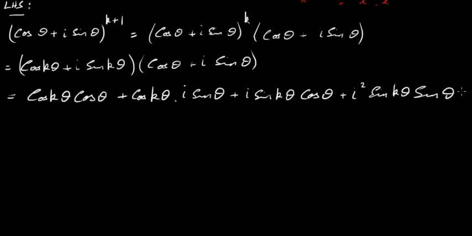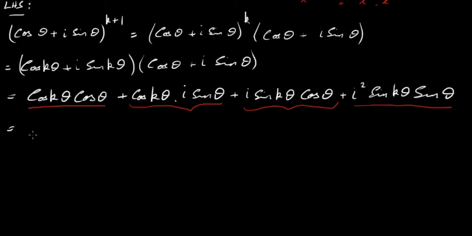Okay, next thing I'm going to do is put the real parts together and put the imaginary parts together. Now the real parts are this one here, and in fact this one here. Even though it has an i in here, this i squared is minus 1. So this part here will just turn into minus sin k theta sin theta. These two parts are going to be the imaginary parts. I'm going to put them together and factorize out the i.